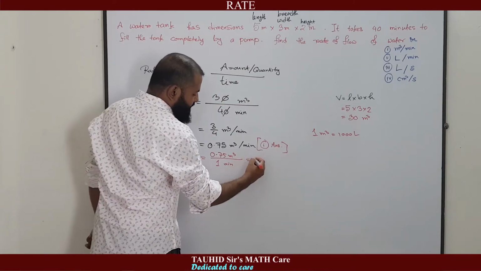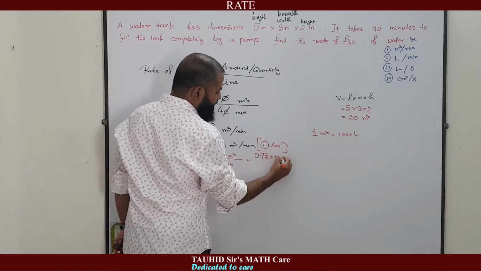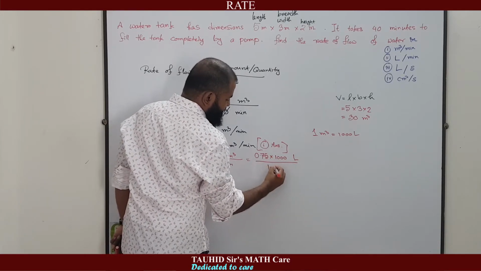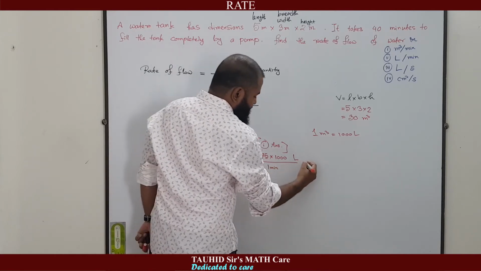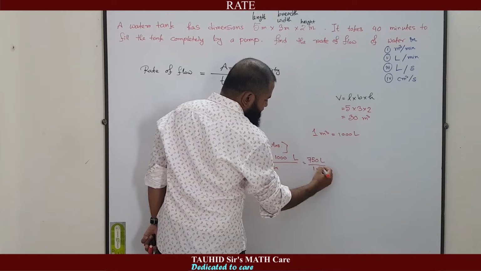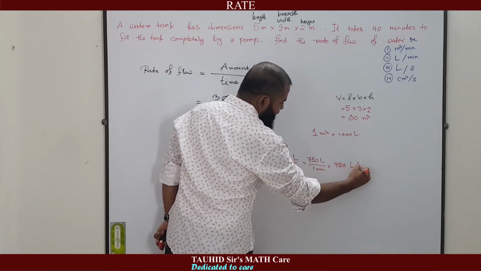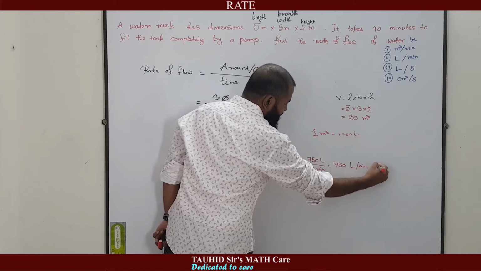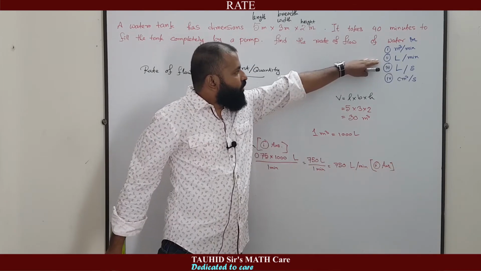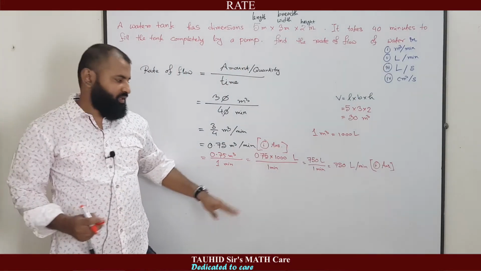So 0.75 meter cube means 0.75 multiplied by 1000 liter divided by 1 minute. That means 750 liter divided by 1 minute, that means 750 liter per minute. We found the answer of question 2. Rate of flow of water in liter per minute is 750 liter per minute.